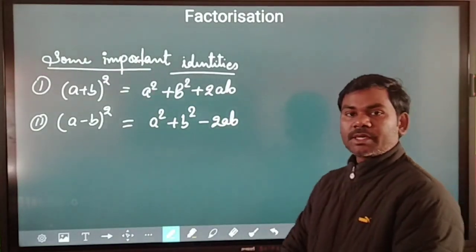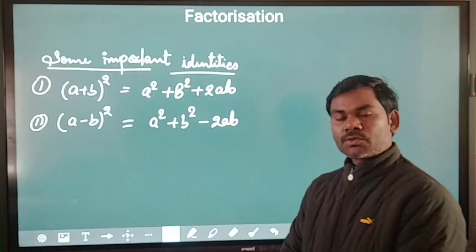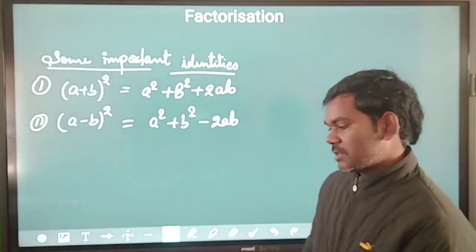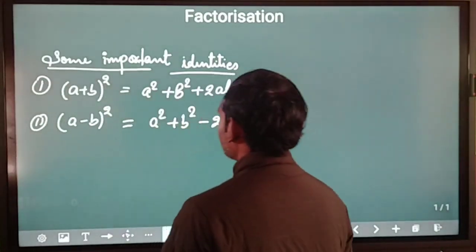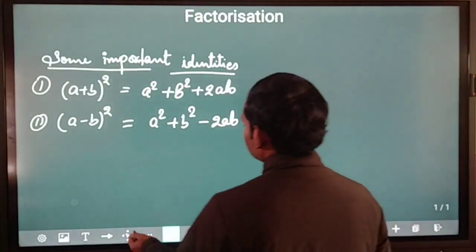So these are the two identities we use to find the factors of the given question. Now let's see the question.